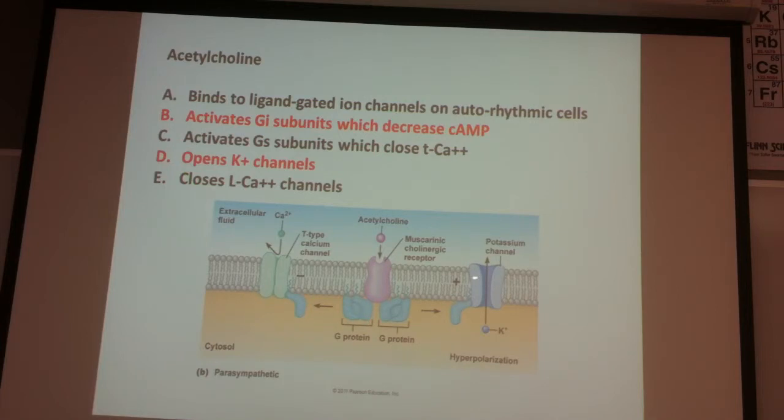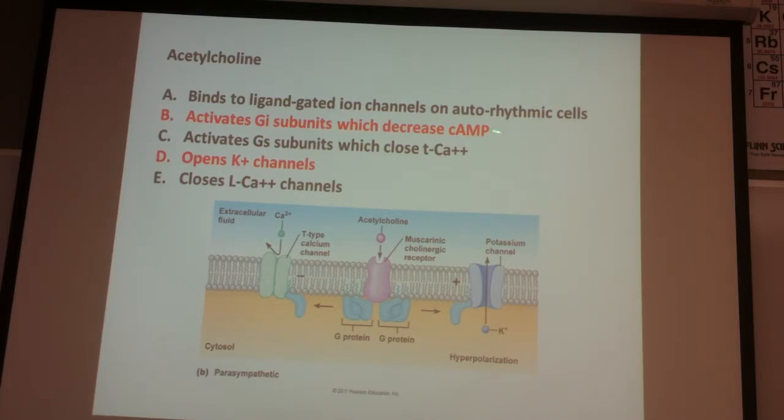So it's not binding to the potassium ion channel. It binds to a G protein regulated receptor. The inhibitory G units will decrease cyclic AMP, so that shuts down our funny channels. The excitatory one, the GS, would be correct if I had GI there. So it activates the G protein, but it happens to be an inhibitory G protein.